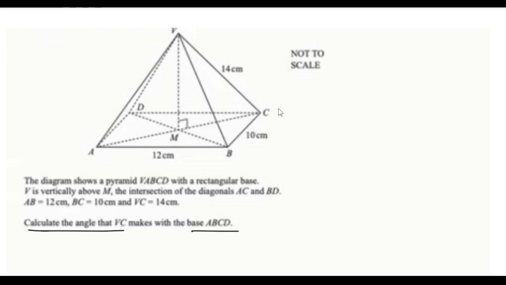Basically, in triangle VMC, I will draw this triangle: this is V, this is point M with a right angle, and here I have point C. This side is given as 14, and here I have to find this angle.